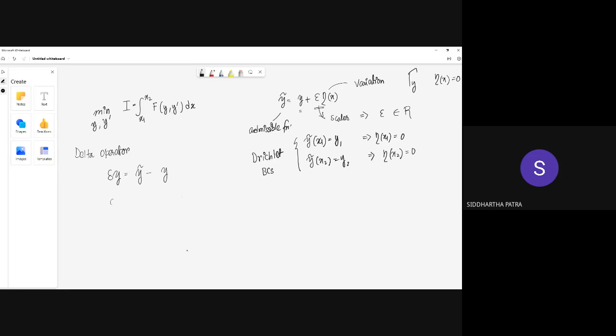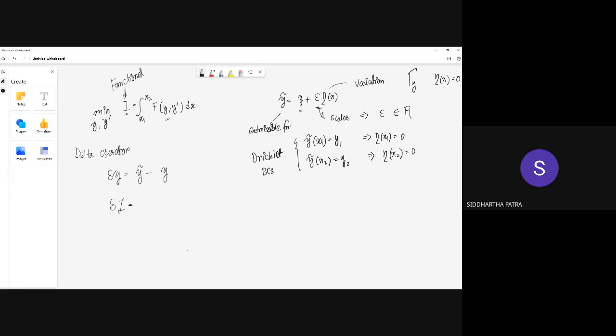Now this delta operator can also be applied to the definite integral in hand, the so-called functional, loosely defined as a function of a function, because its value depends on what type of function y is.